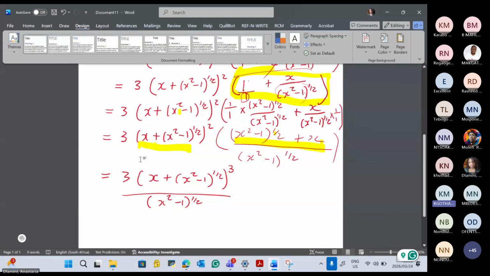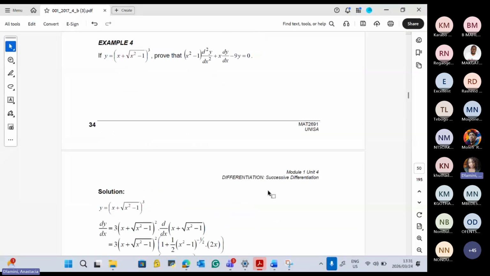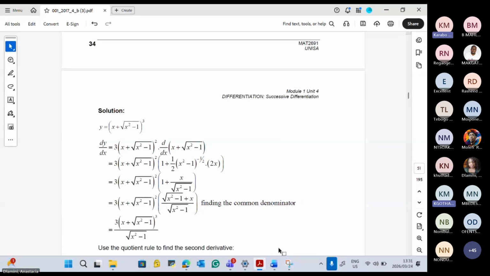So let's check if we are correct up to that step, because I don't want to continue something wrong. And yes, we are correct. Do we see that? Yes, ma'am. The only thing we're missing is we didn't reverse simplify it, so you're supposed to take it back to its root form.